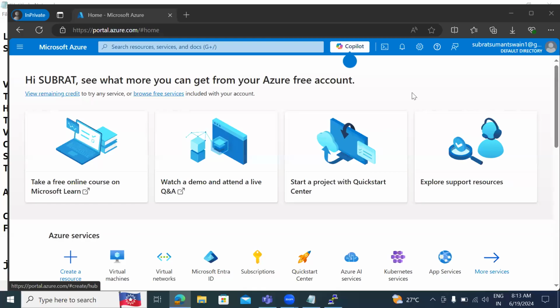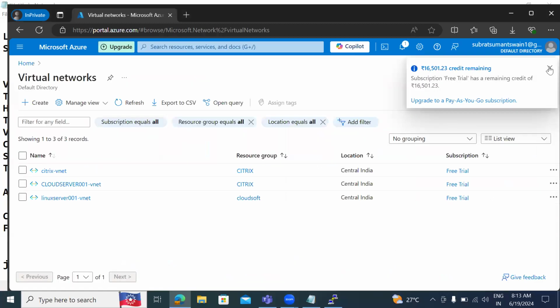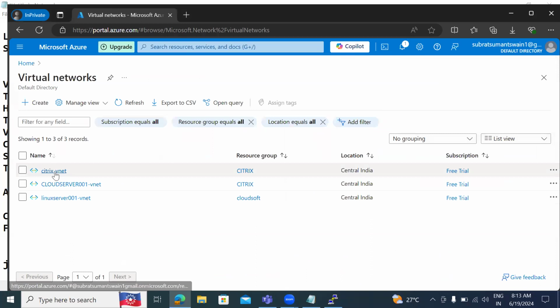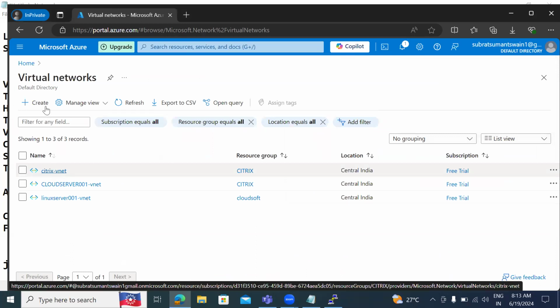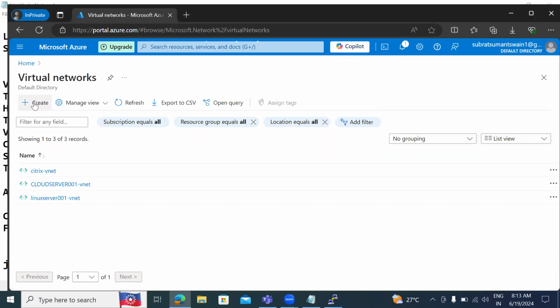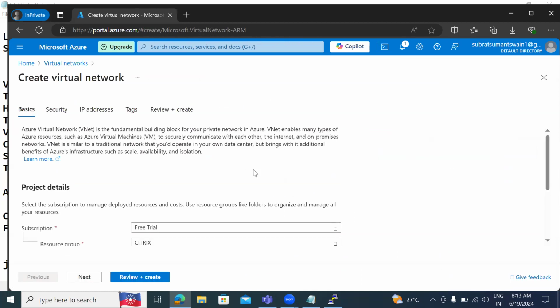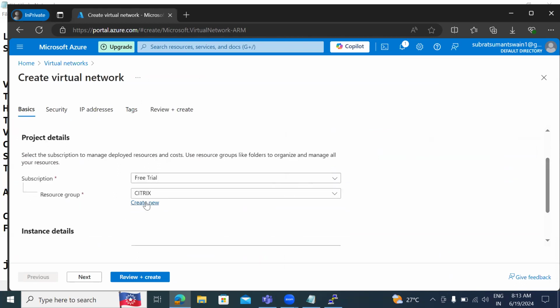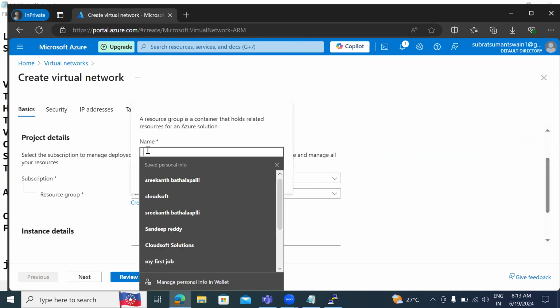Today again we'll create one VNet. Try to understand. Yesterday we created one VNet, the Citrix VNet. I'm going to create one more VNet now. For the resource group, I'm creating a new resource group.